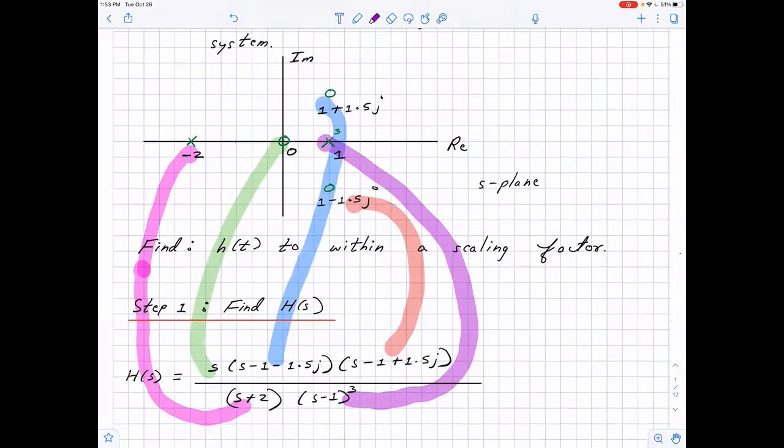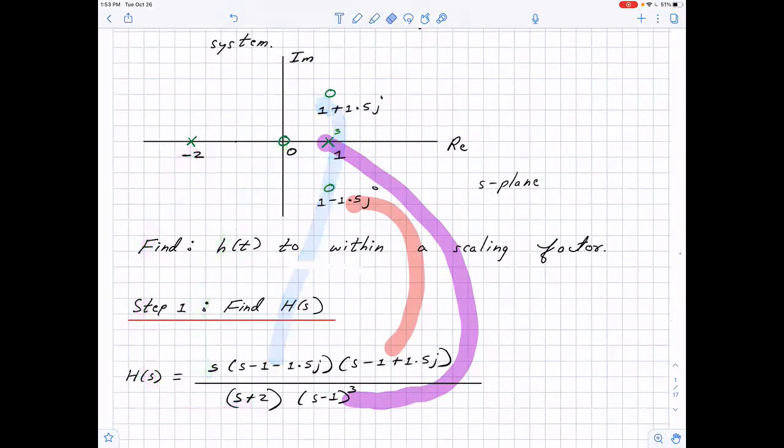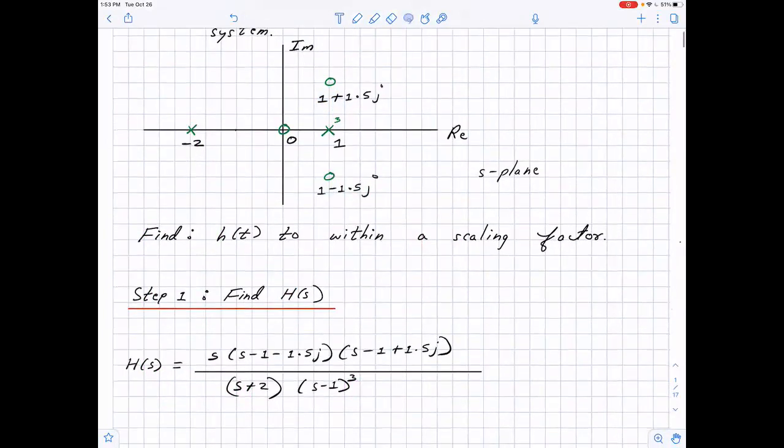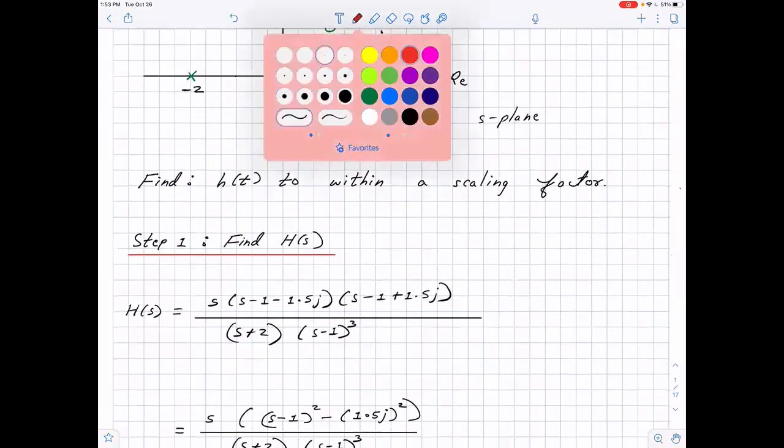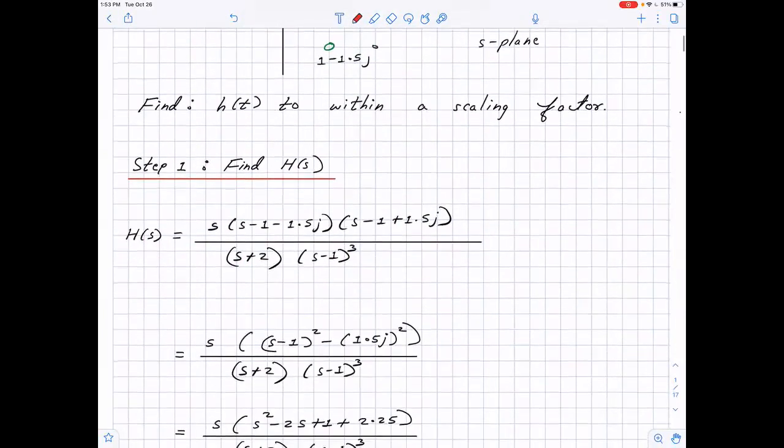And then to make our algebra simpler later, we're also going to simplify this expression if we can. In the numerator, we have two factors associated with complex conjugate zeros. It's easier if we combine those two factors into one. We can do that by considering the formula a minus b times a plus b.